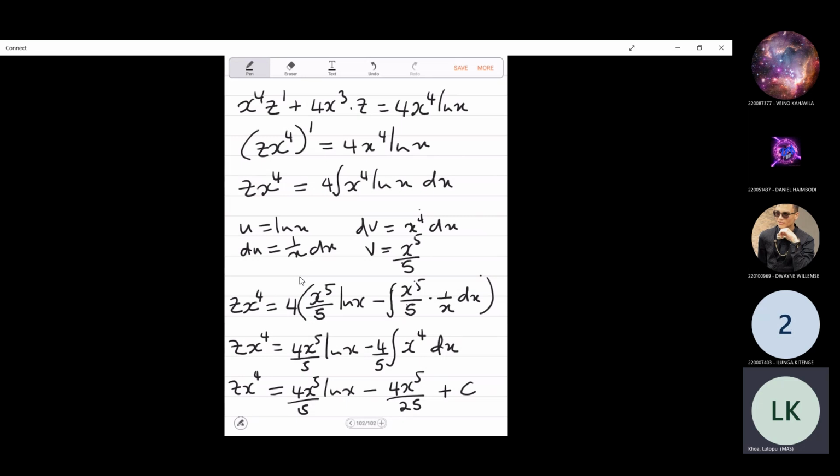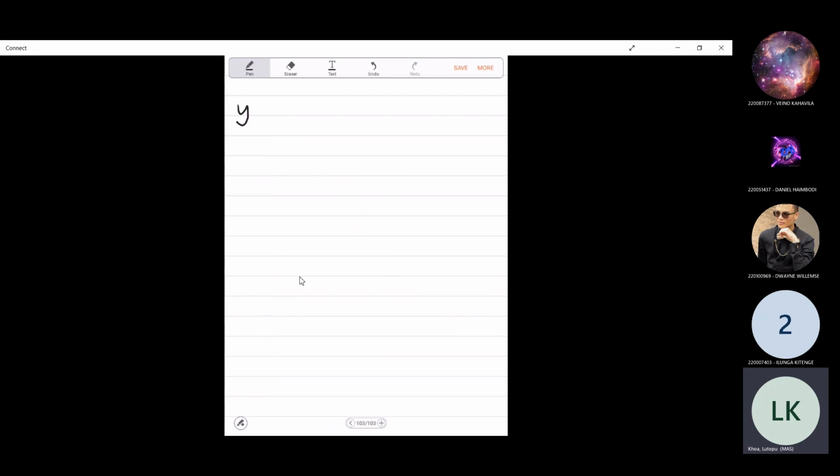We just need to rewrite z in terms of y. So this will give us y to the power of 4, x to the power of 4. So it's 4 over 5, x to the power of 5, ln of x minus 4x to the power of 5 over 25 plus c.